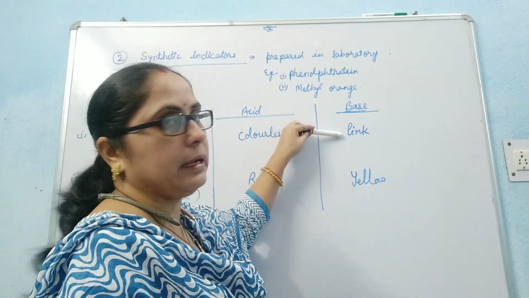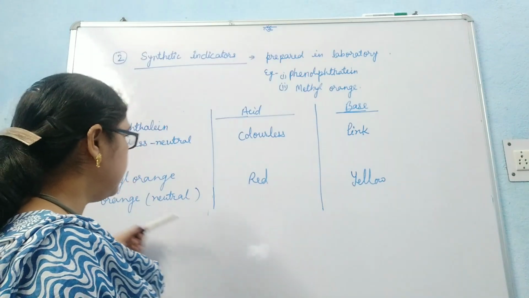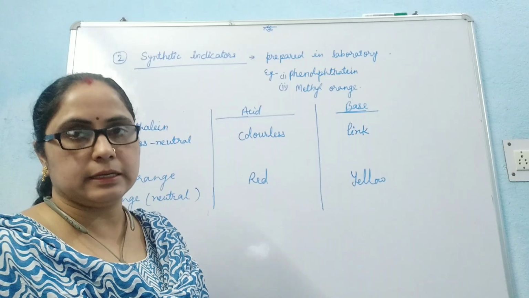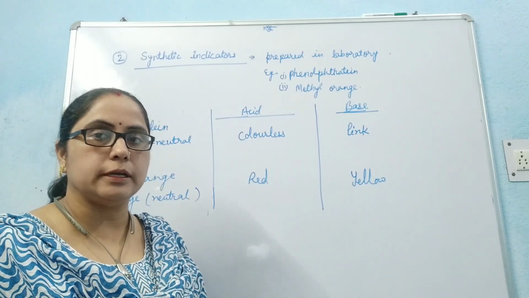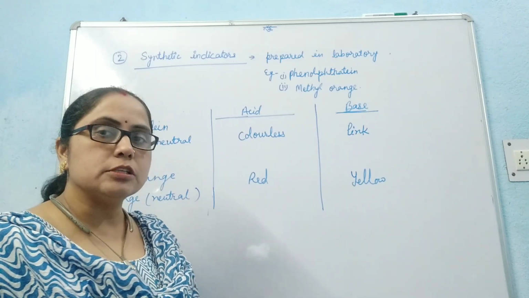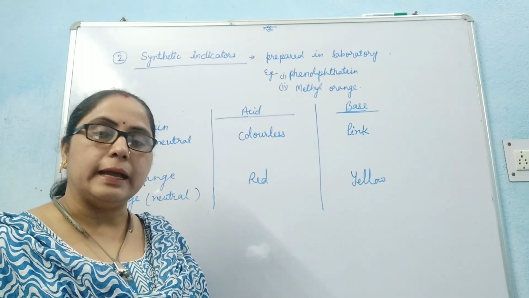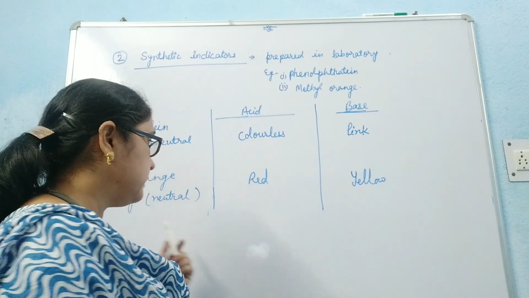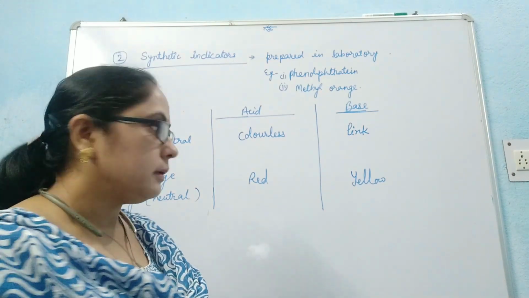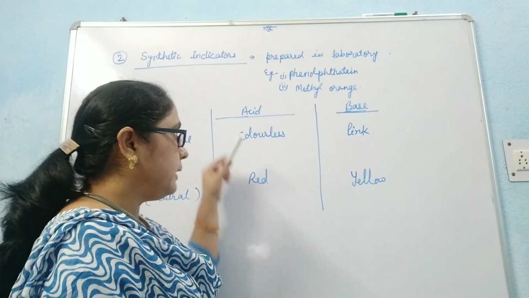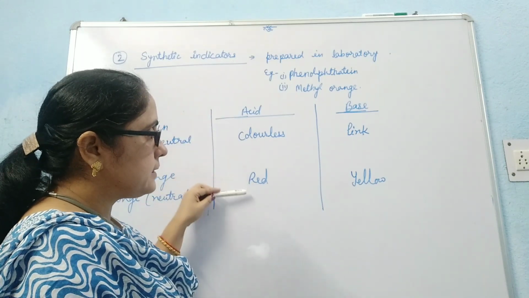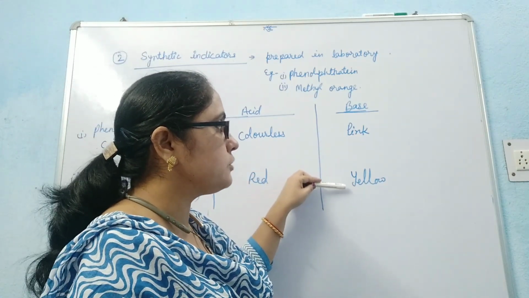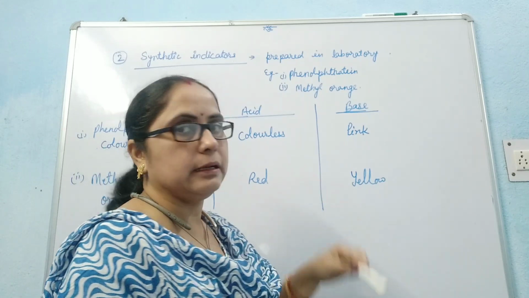The next synthetic indicator is methyl orange, which is orange in color. In neutral solution, that is neither acid nor basic, it is orange. If methyl orange is put in an acid solution, it changes its color to red. And if it is put in a basic solution, it changes its color to yellow.